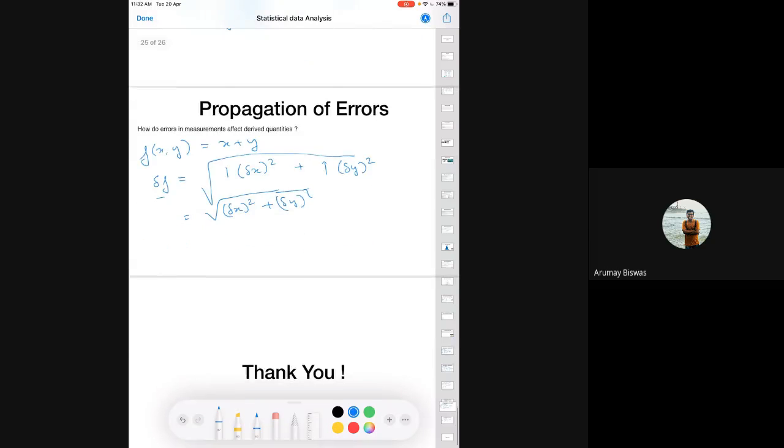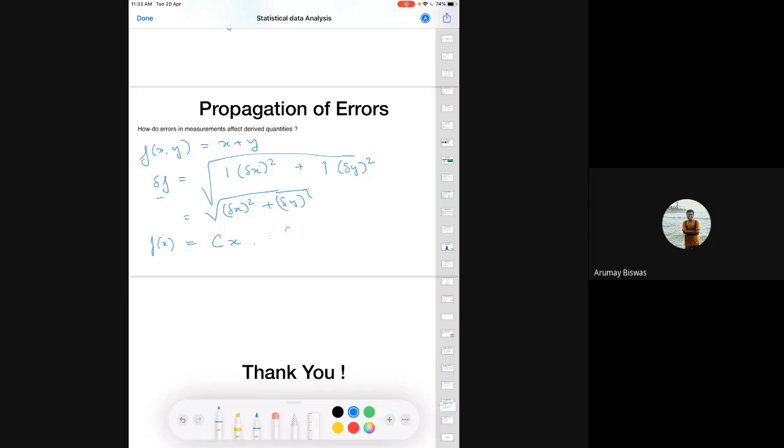The other thing that we have not mentioned before is multiplication by a constant. So if a function of x, in this case, is basically the multiplication of a constant into x, and you have some intrinsic uncertainty in x, then what is the uncertainty in cx?